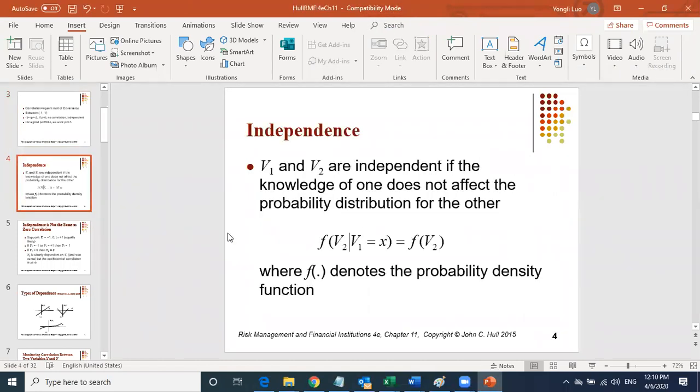Another concept we talk about is independence. The two variables are independent if the knowledge of one does not affect the probability distribution for the other.